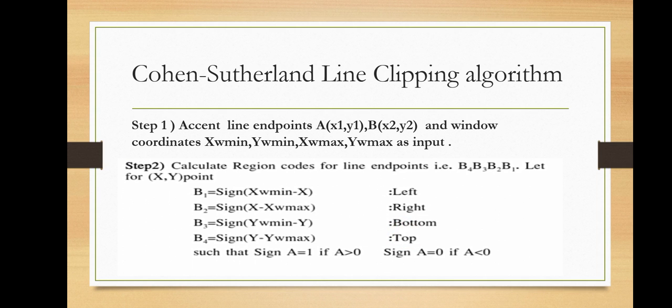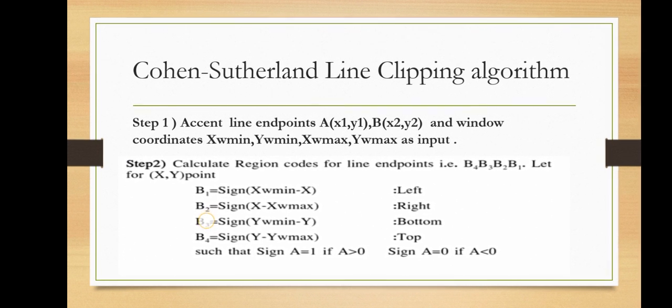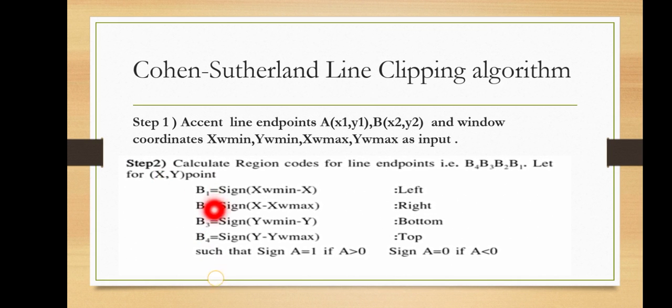For an (x, y) point, how can you calculate b1? b1 is nothing but the sign of (xw minimum minus x). If this value is greater than 0, you put the b1 bit as 1.